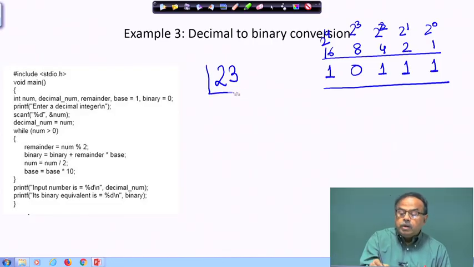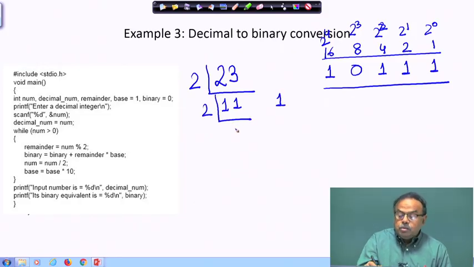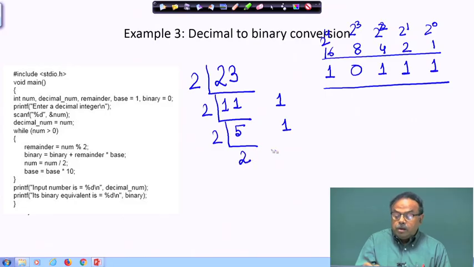Let us try in our algorithm. Divide it by 2, my quotient is 11, I have got a remainder 1. I divide by 2, my quotient is 5, remainder is 1. I divide by 2, quotient is 2, remainder is 1.